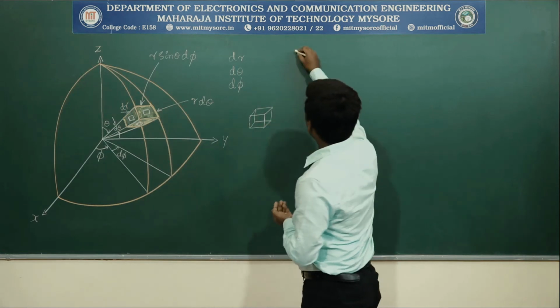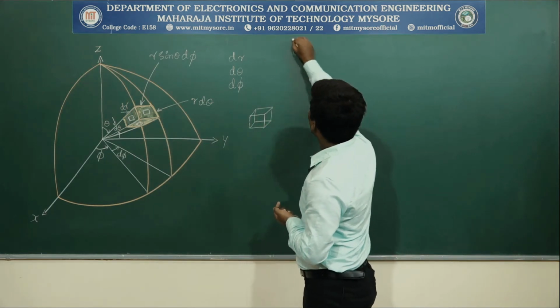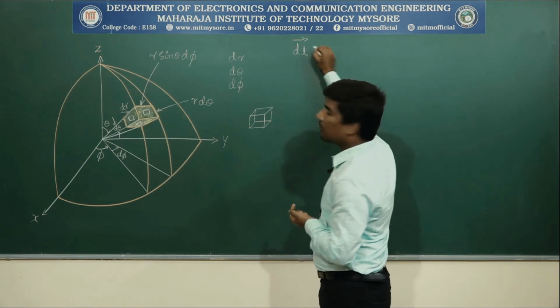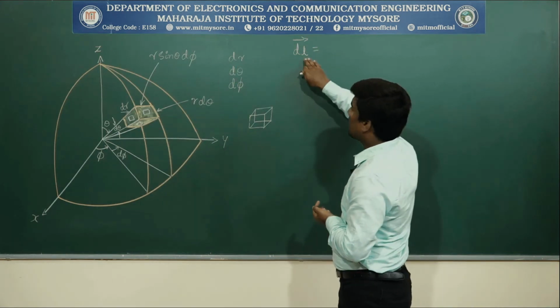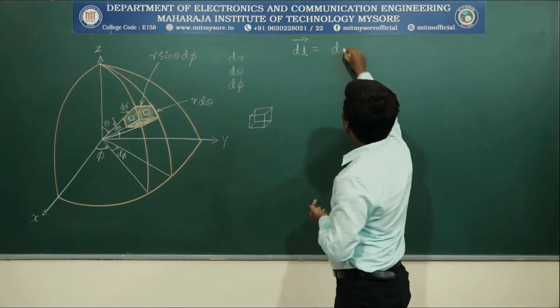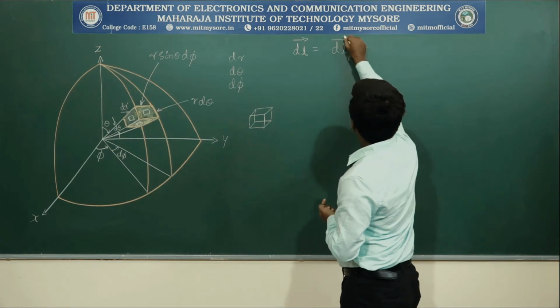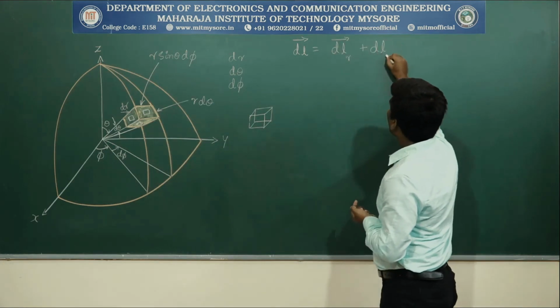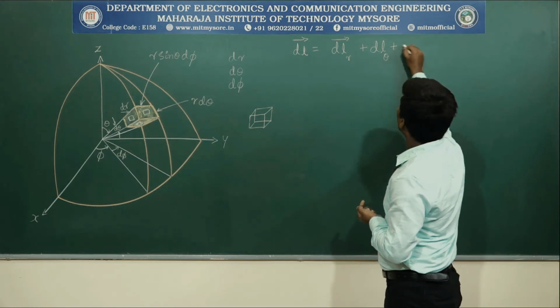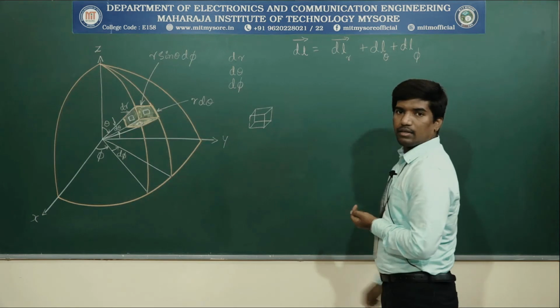Now let me write the equation for differential length, that is dl. Differential length of the spherical coordinate system is dl, which is a vector represented as dl in terms of r plus dl in terms of theta plus differential length in terms of phi. Got it?